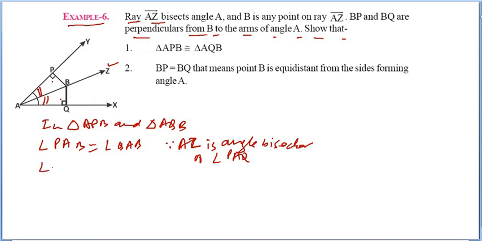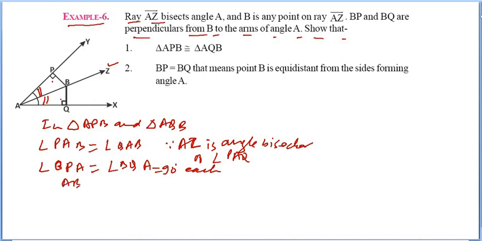So you can write here angle of BPA is equal to angle of BQA is equal to 90 degree each. Both are 90 degree. And one thing, AB is common.